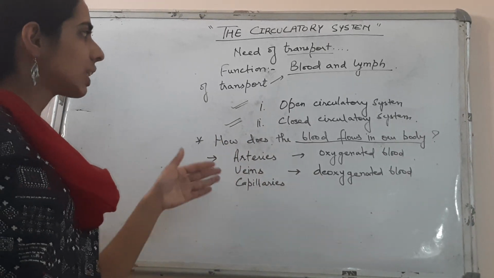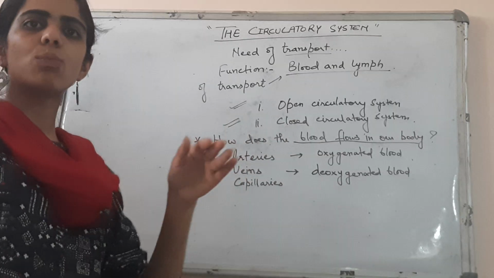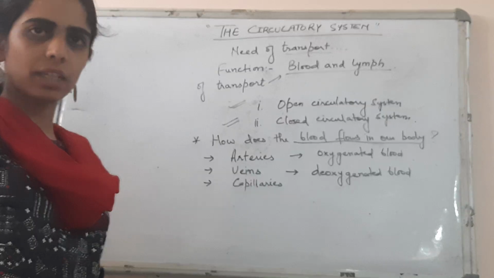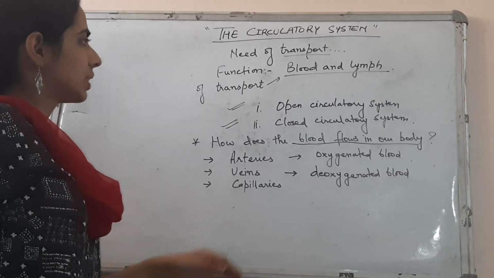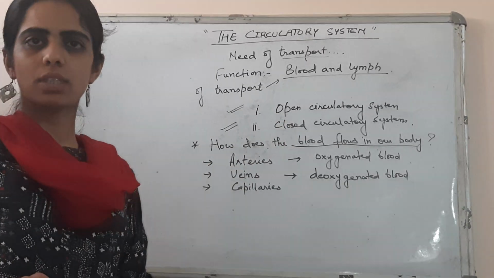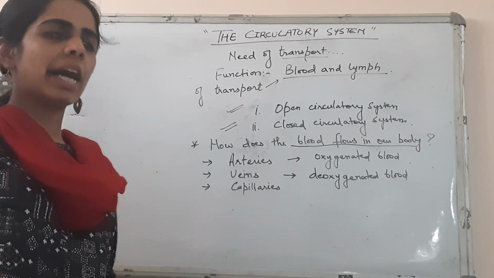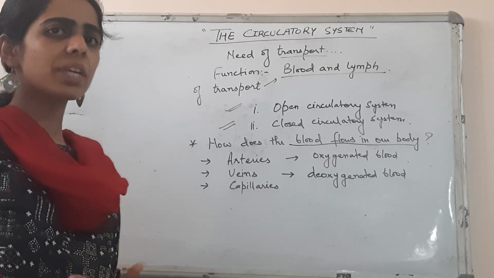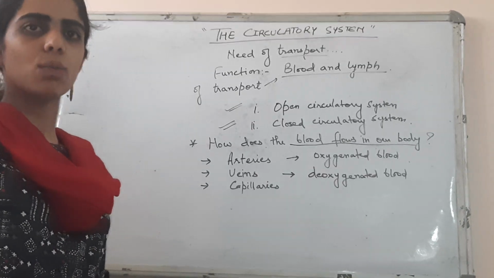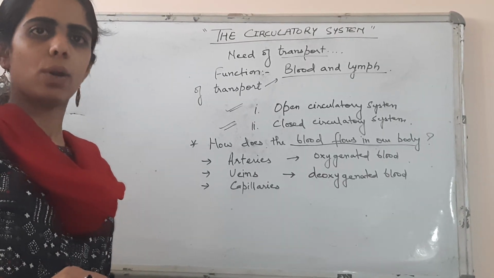Now, in case of some insects and some lower order organisms or animals, we can say, what happens there? We have an open circulatory system. From the heart, the blood is pumped and it is just flowing all over the body. There is no proper channel for the flow of blood.